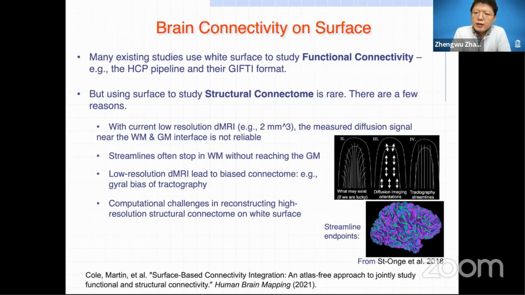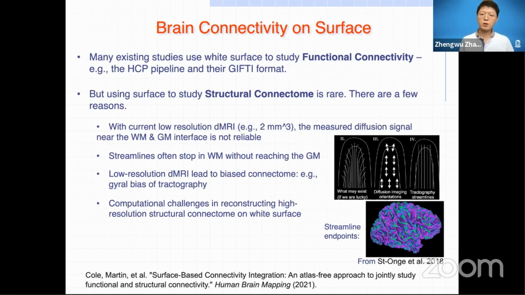And in order for your connectivity matrix to not be so sparse, you have to build hundreds of millions of fibers. For one subject, that's like 1 terabyte of data in terms of streamlines to get a reliable estimation of the connectivity, which is not computationally feasible. So there are many challenges for doing that, and that's why this method is still not very popular.